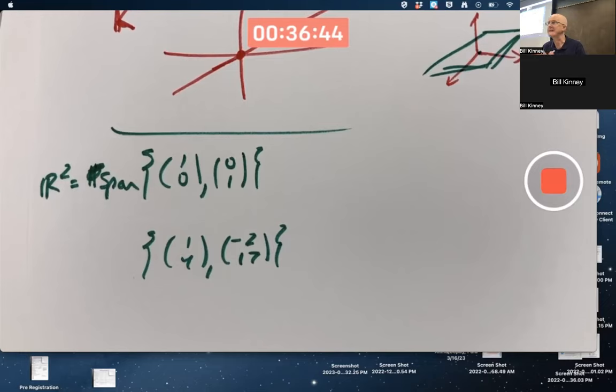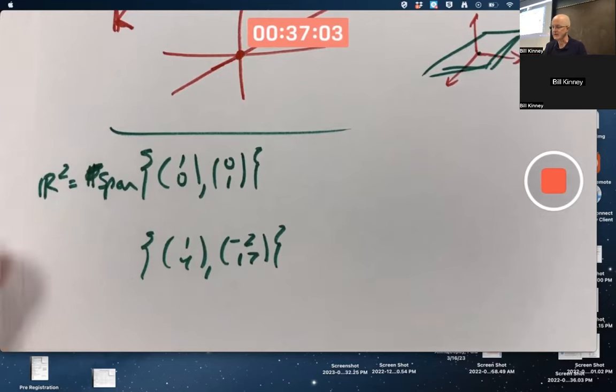Therefore, they do form a basis of the plane. That was the basis theorem. Another way to think about it is if you make this into a 2x2 matrix, it's an invertible matrix. Its determinant is non-zero. Good to think about those kinds of things as well.